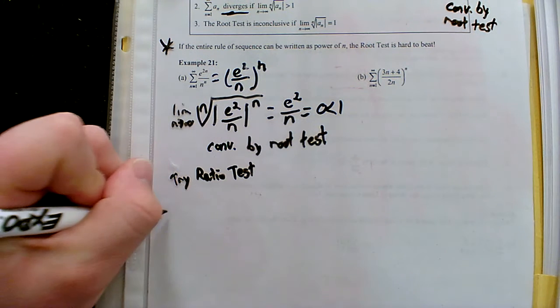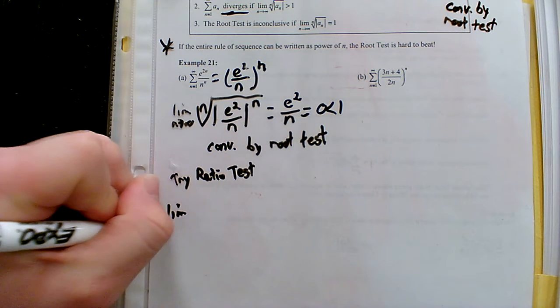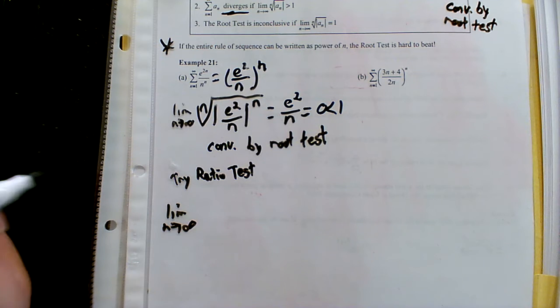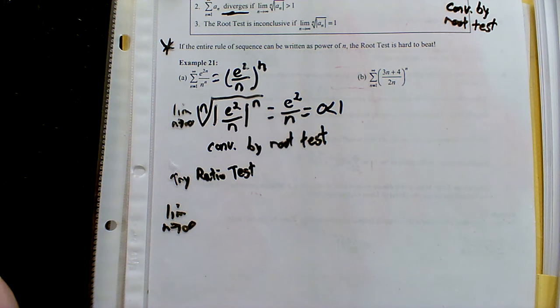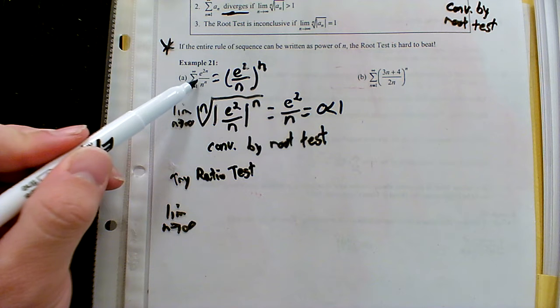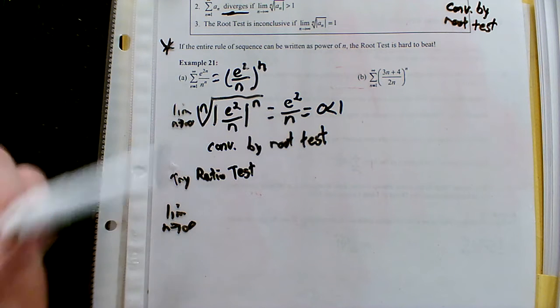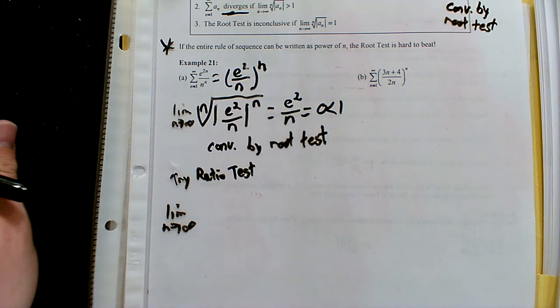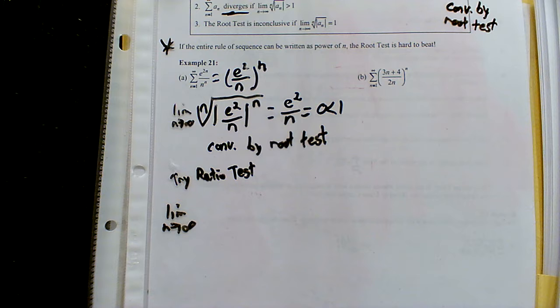So with this one, limit as n goes to infinity. Does anybody remember how we set up the ratio test? That's the one from yesterday. So we have the original up here. How are we going to set up the ratio test? If you need to look back, but if you can try to remember, try to do it without looking.